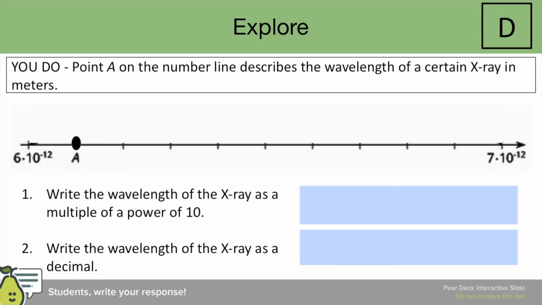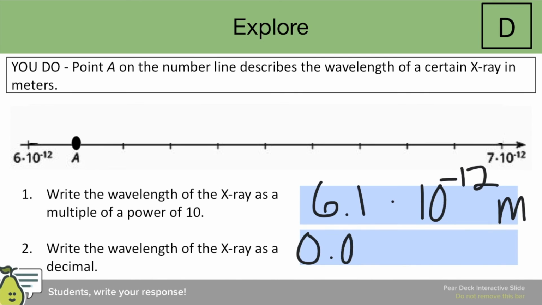So here we have point A, and the wavelength of this X-ray can be written as 6.1 times 10 to the negative 12th power meters, and the wavelength as a decimal will look like this.